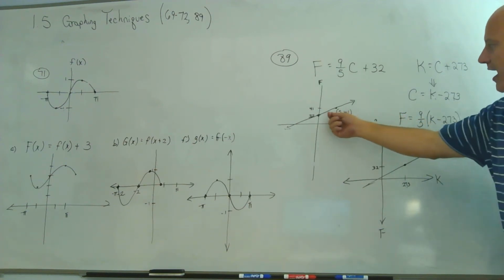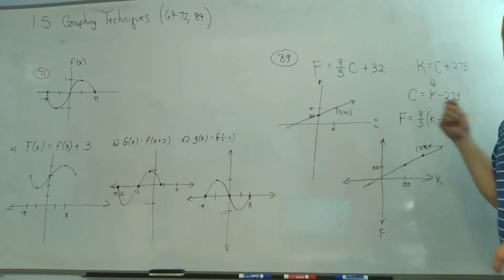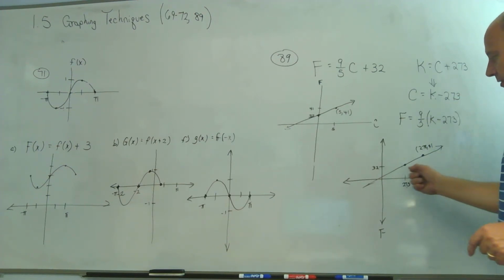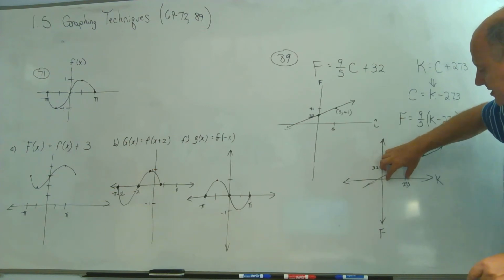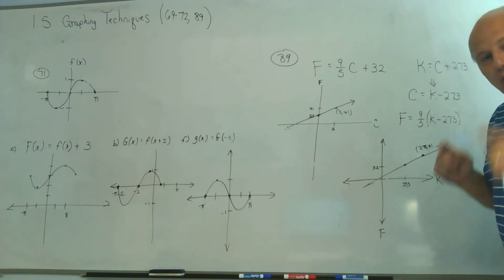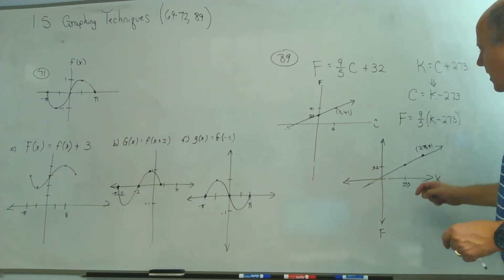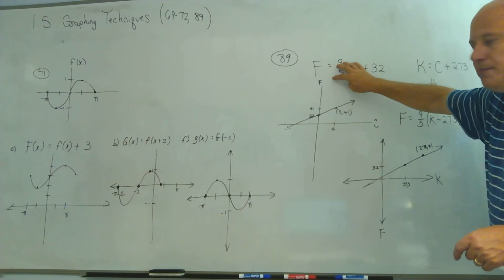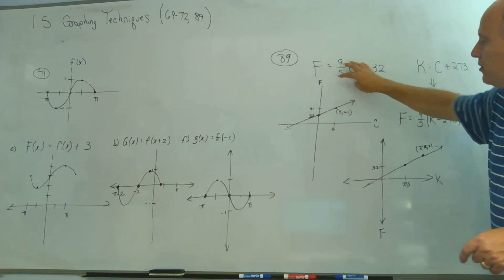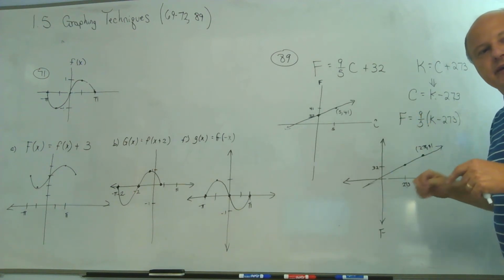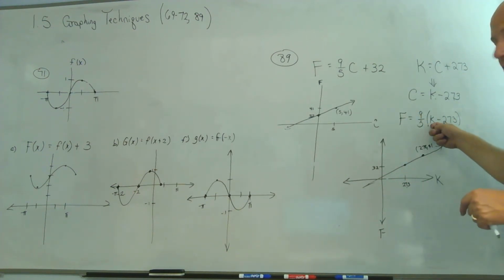You're taking this graph and moving it 273 units to the right. If you want a more accurate comparison, you'd want to scale this a little better than I just did. But the point I wanted to make with this problem is that if you're making a comparison between two temperature scales, and one of those temperature scales is related to another one, then the first and third one can be compared to each other based on that formula.